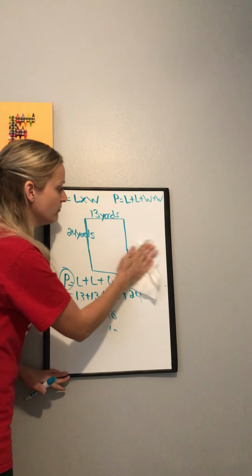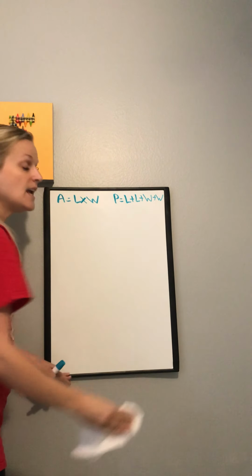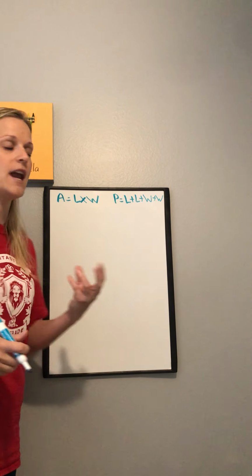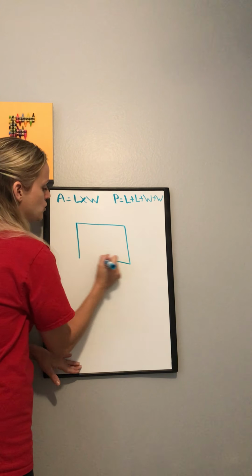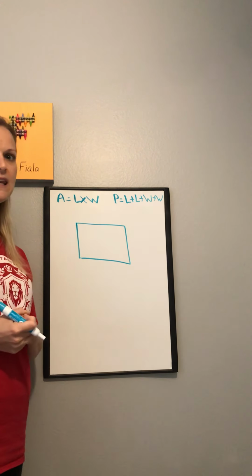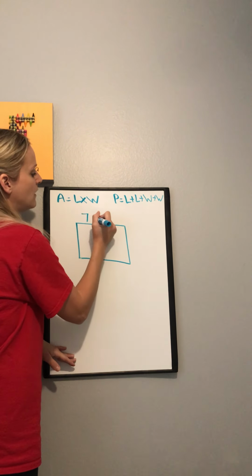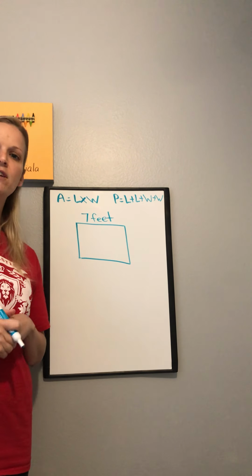Alrighty? Now today, and what your worksheet page is on, is finding a missing side length when you're given the area. For example, you're given a problem that says you have a quilt. The length is 7 feet.